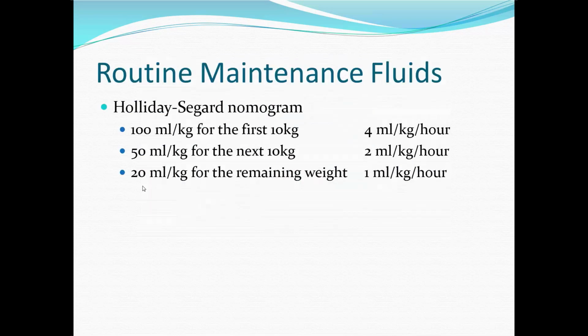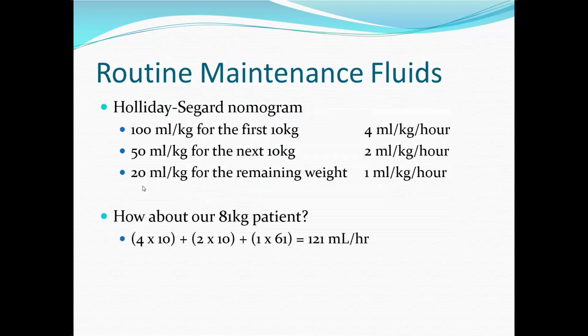Okay, again, there's that Holliday-Segar nomogram to assess your maintenance fluid rate. So again, 100 per kilo per day or 4 per kilo per hour for the first 10 kilos, and then 50 or 2 per kilo per hour, and then 20 per day or 1 per kilo per hour.